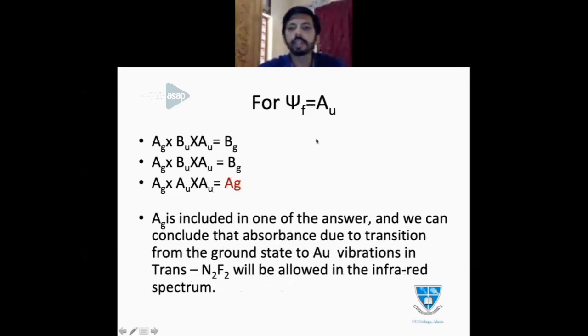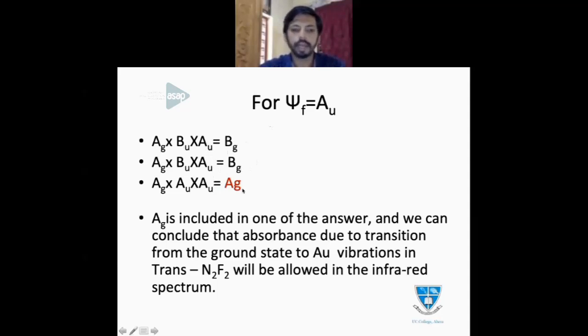Then psi F is Au. If you take psi F as Au, mu x is Bu, mu y is Bu, mu z is Au. This is the initial psi I, the completely symmetric representation Ag, Ag, and Ag. This is the final symmetry psi F, that is Au, Au, and Au. If you take the direct product, you will get Bg, Bg, and Ag.